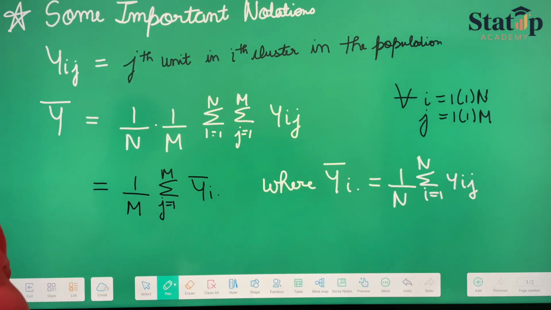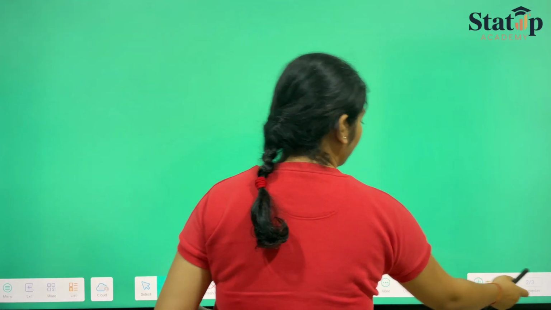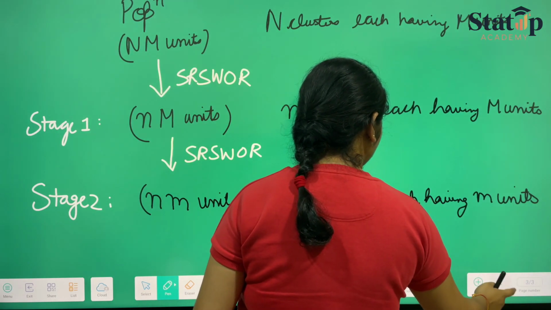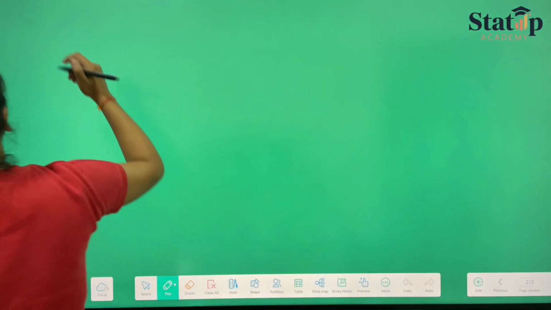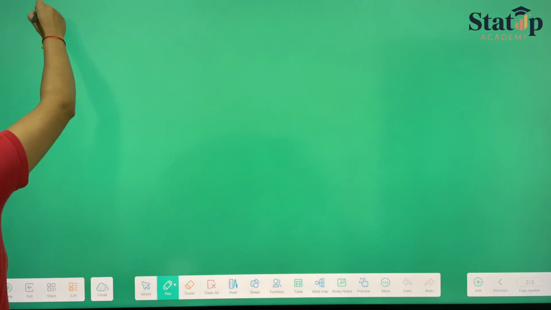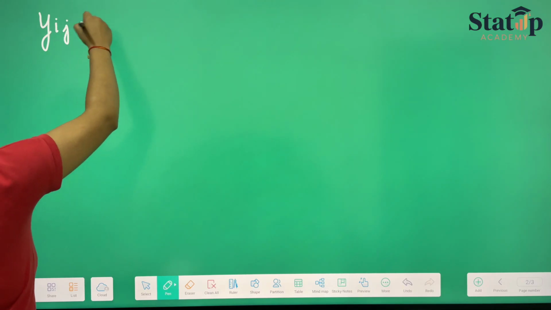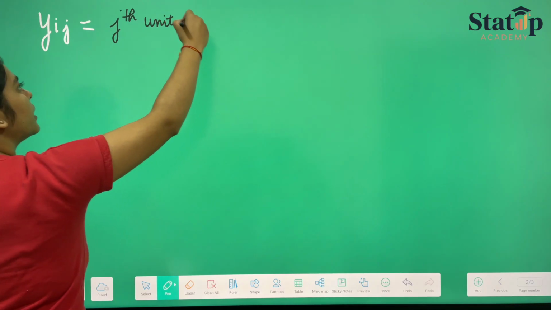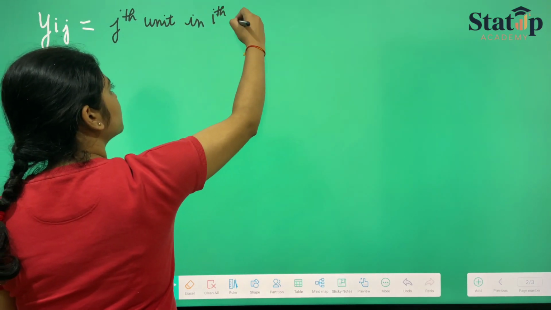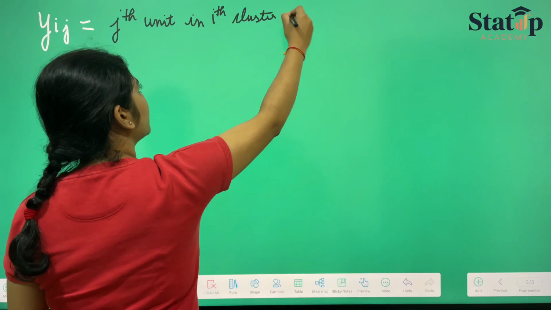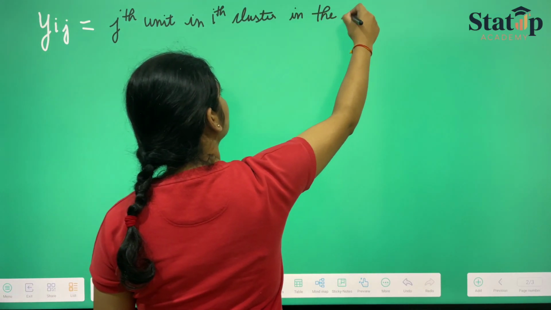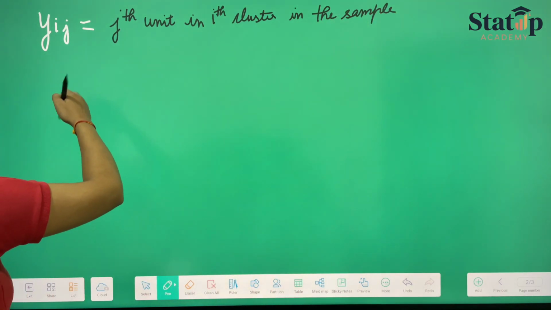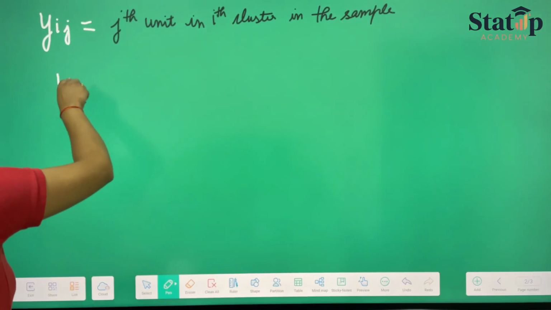These are the notations, and after this we'll take another notation. Suppose it is small yij. This is nothing but the jth unit in the ith cluster in the sample. And the next thing is y bar.